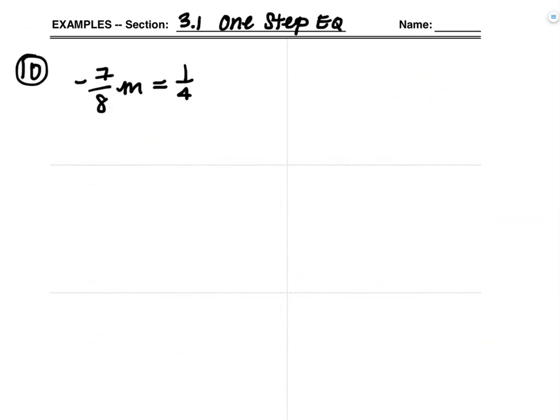We have nothing that we can simplify on either side of the equation. So we're going to identify the original operation as multiplying. So the m is being multiplied by -7 over 8. We're going to want to divide both sides by that fraction, which is the same thing as multiplying by its reciprocal. Now do be careful.